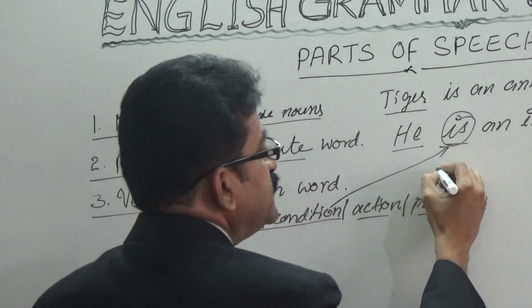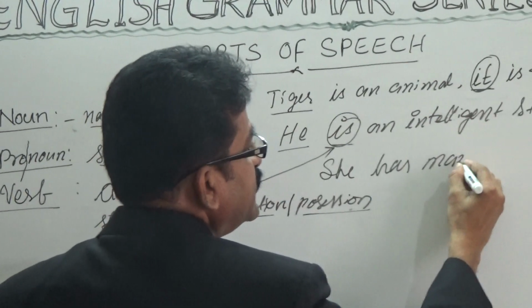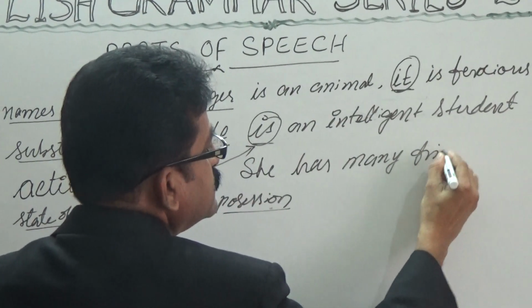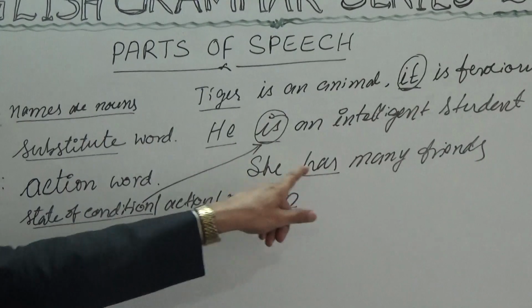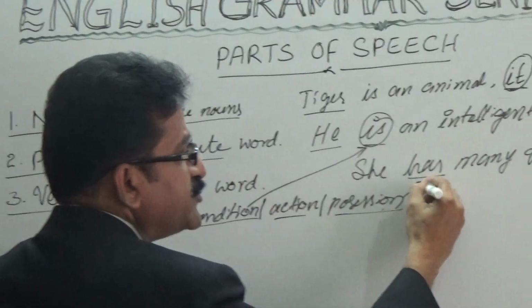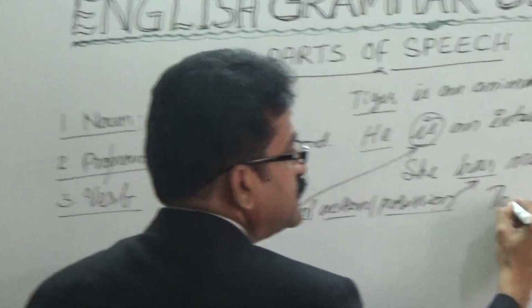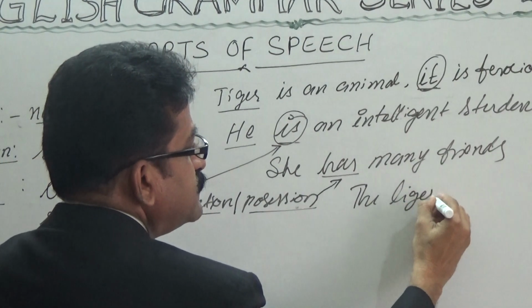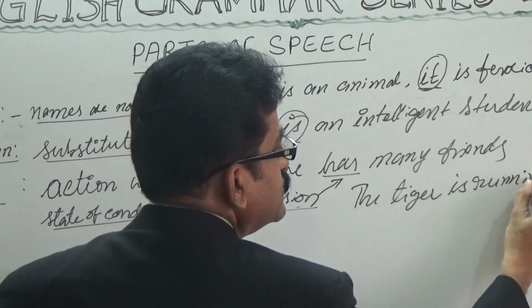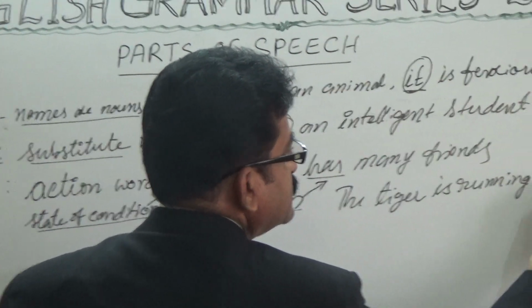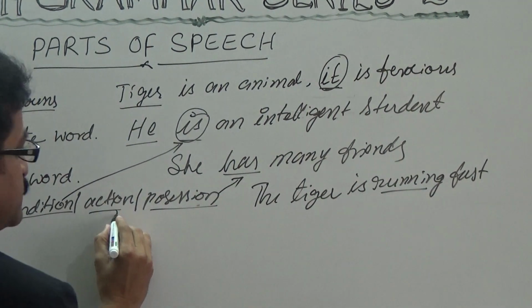For example, she has many friends. Has, this is what refers to the position. The tiger is running fast. See here, running. This is what action.